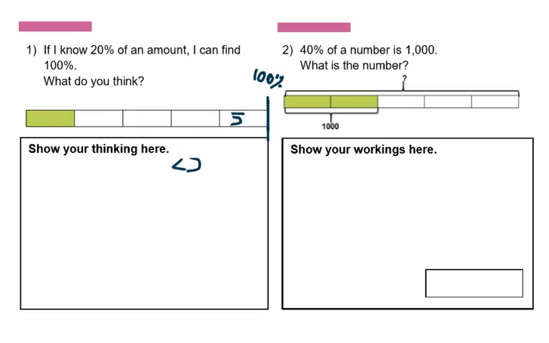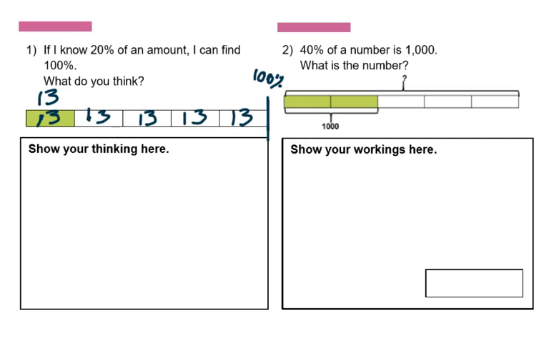What about if 20% was 13? If that's 13, that's 13, that's 13, that's 13, and that's 13. So I know that 40% would be 26, 60% would be, can you work it out? 39.